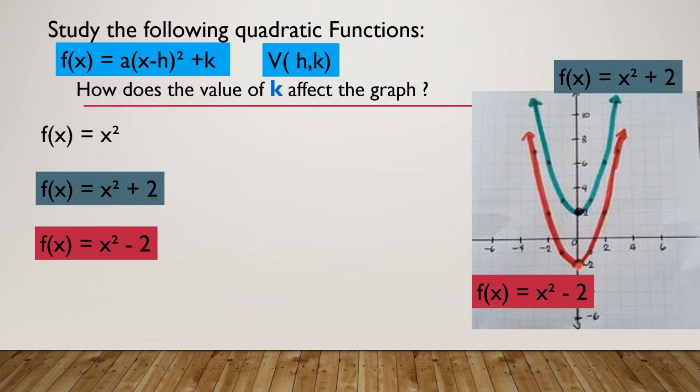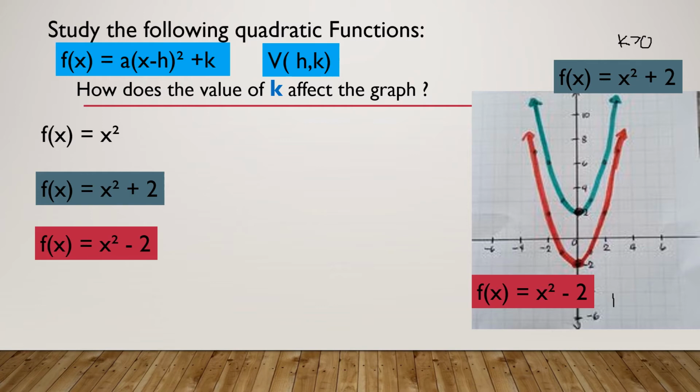So, ngayon, ibig sabihin, itong k, ang changes ng k sa graph ay pa-vertical. It's either moving up or down. This one, k is positive, which is k is greater than 0. If k is greater than 0, positive, ibig sabihin ang graph natin magmo-move siya papunta sa taas.